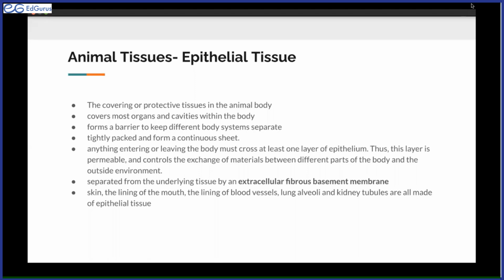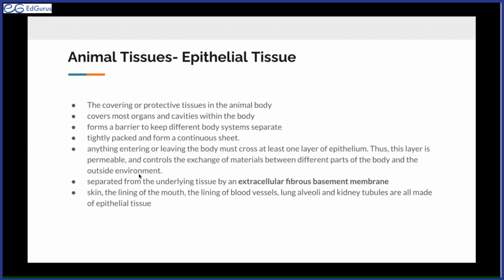So permeable means that when a layer is able to let in selective substances, it means that this layer is permeable. So basically epithelial tissue has to be permeable so that the materials from outside, or from other organs, can pass through the tissue. So therefore the tissue has to be permeable for certain substances. Okay.